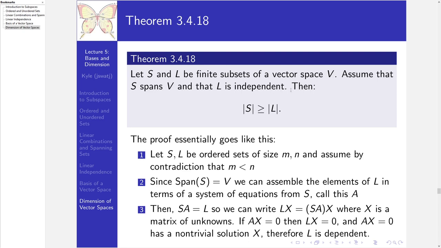If we had one basis and another basis, then one spans and the other one's independent, because those are the two components, then the size of B1 would be greater than or equal to the size of B2. And we could just basically flip them. B2 also spans V, and B1 is also independent, so by both inequalities, they would have the same number of elements.